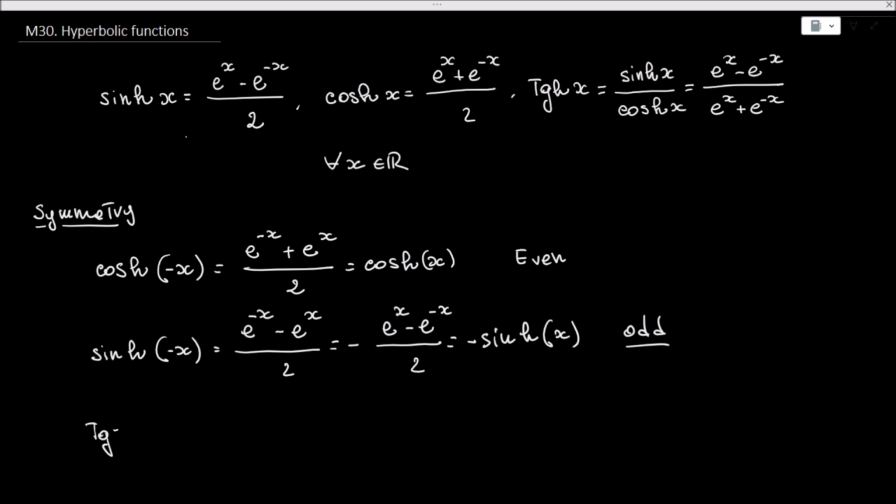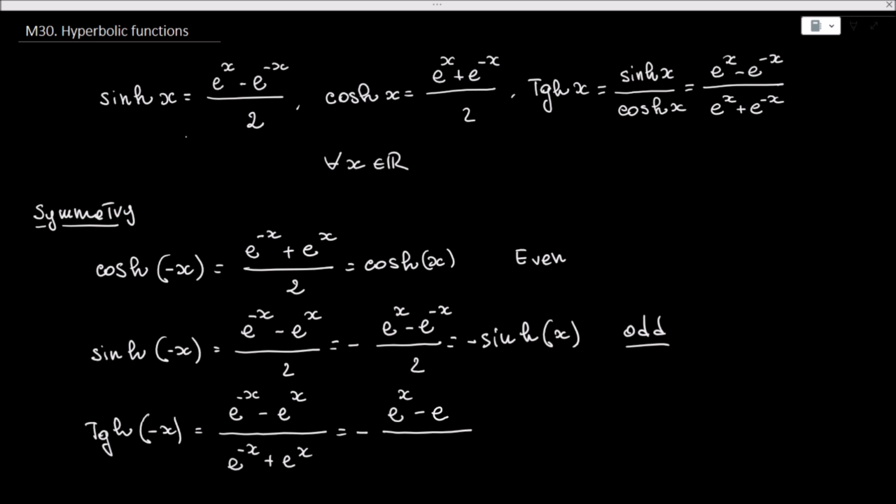Finally, the hyperbolic tangent of minus x is equal to e to the minus x minus e to the x divided by e to the minus x plus e to the x. And again, factoring out minus, we have e to the x minus e to the minus x divided by e to the x plus e to the minus x, which proves that the hyperbolic tangent of x is another odd function.